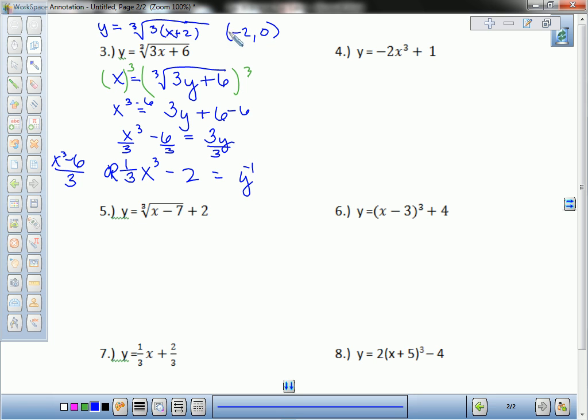What's added to the end, which is nothing, is your y. So if we go back to the original equation and put it in the form to find that translation point, we'd have to factor out that 3. So this would have been 3 times x plus 2. And so it would be -2, 0.